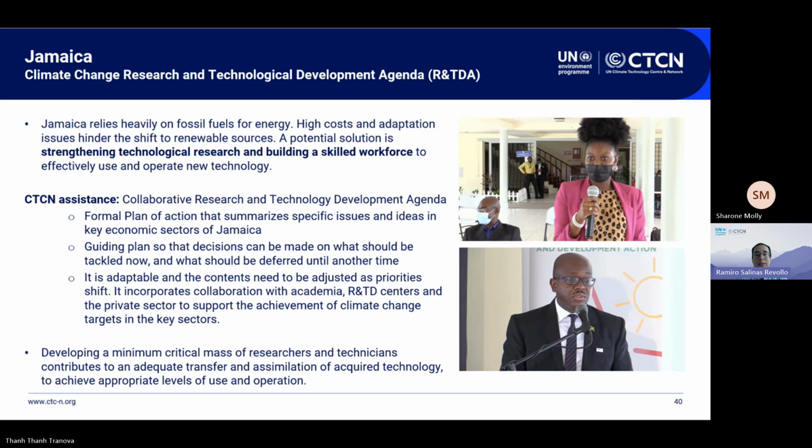So together with the country, we found the potential solution to strengthen technological research and build a skilled workforce to effectively use and operate new technologies.